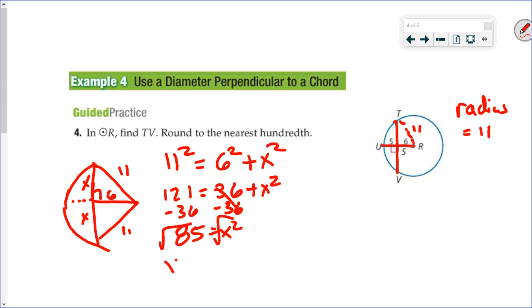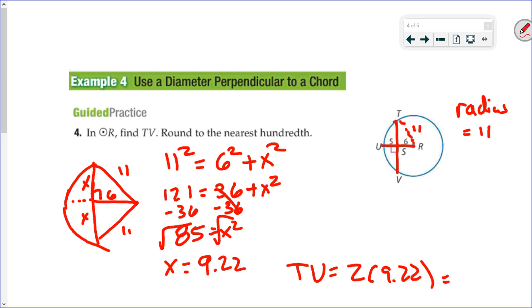We get that X is equal to the square root of 85, which is 9.22, rounded to 2 decimal places. And so TV is just 2 times 9.22, so 18.44.